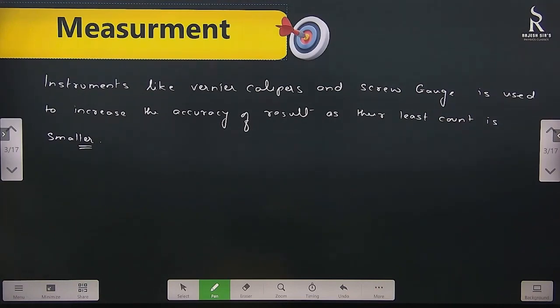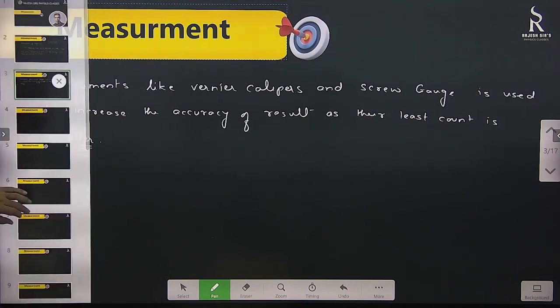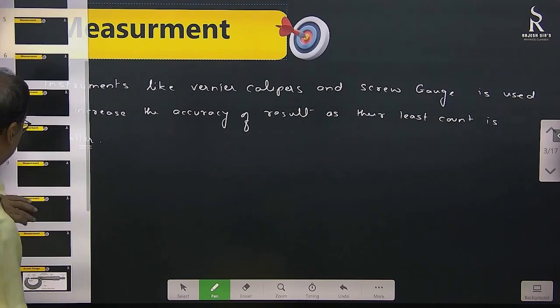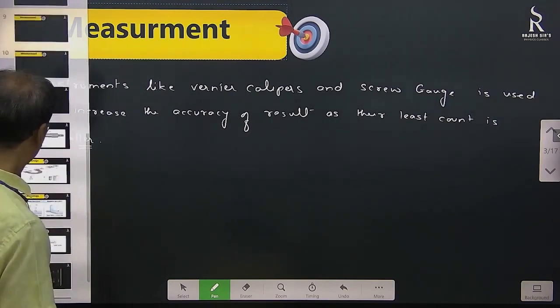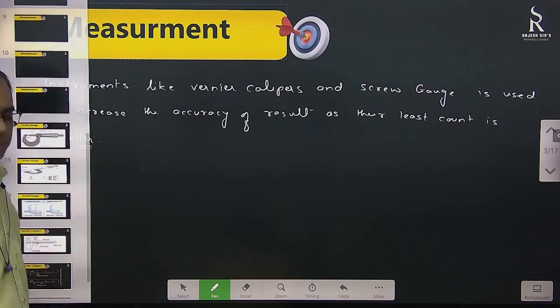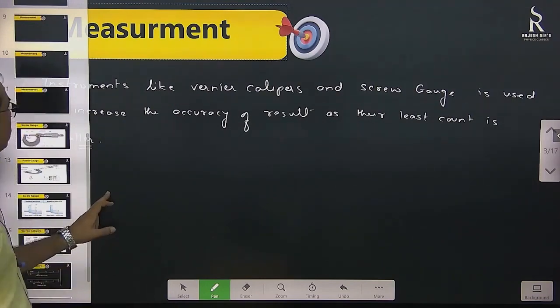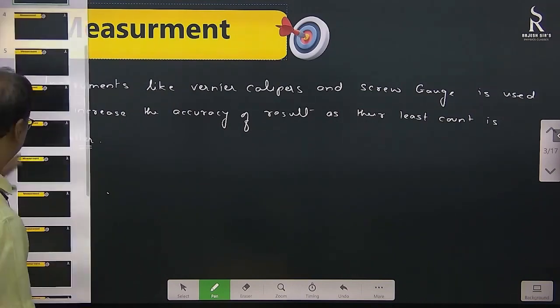Then we'll talk about Vernier calipers. Have you done this? Noted? Students, this is noted. Okay, so we'll go and see the Vernier calipers first, then I'll explain to you.